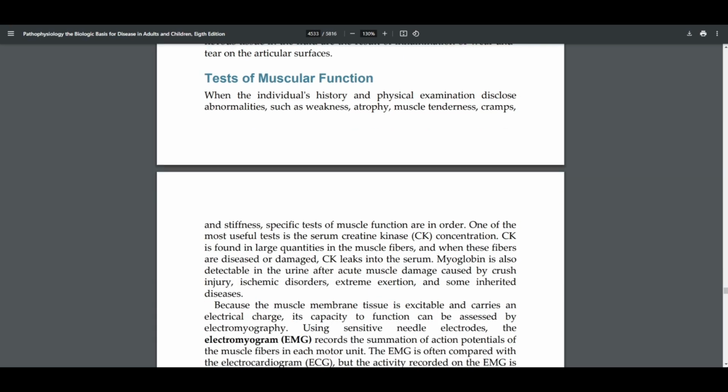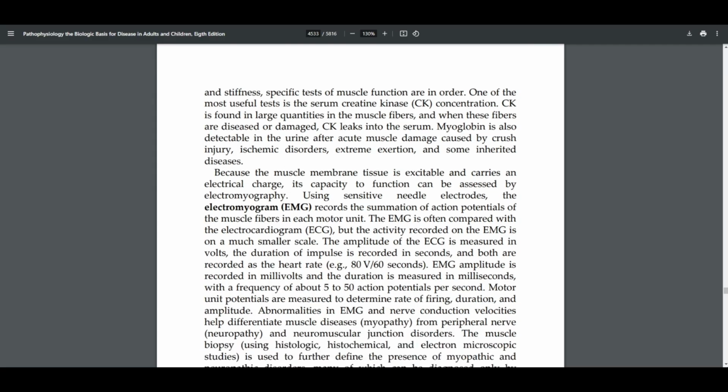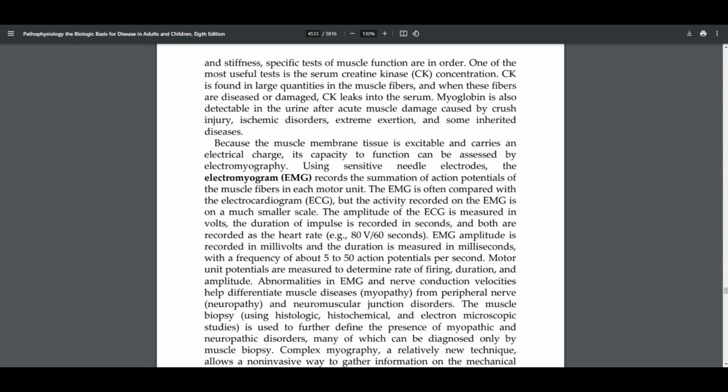Tests of muscular function. When the individual's history and physical exam disclose abnormalities, such as weakness, atrophy, muscle tenderness, cramps, and stiffness, specific tests of muscle function are in order. One of the most useful tests is serum creatine kinase concentration.